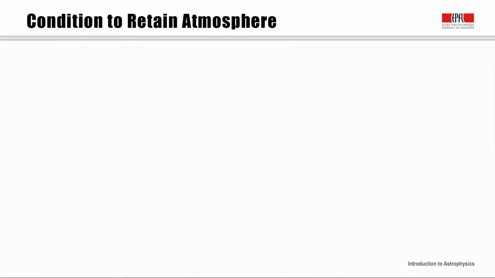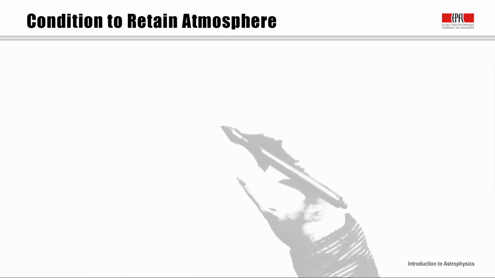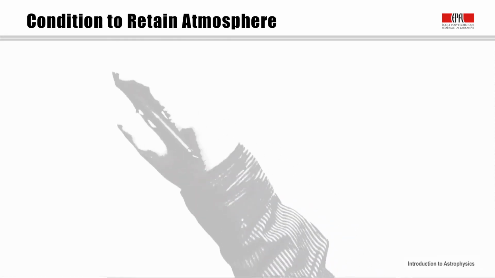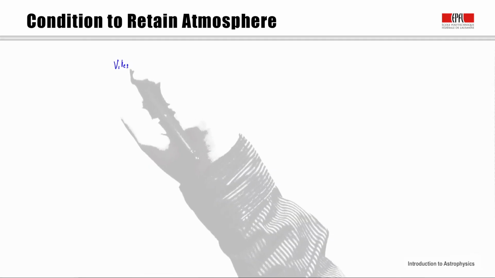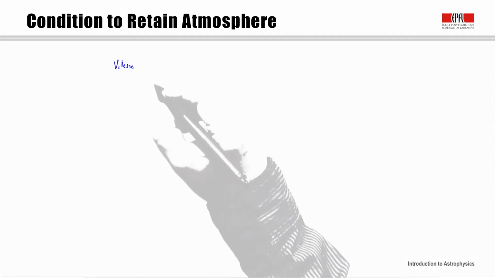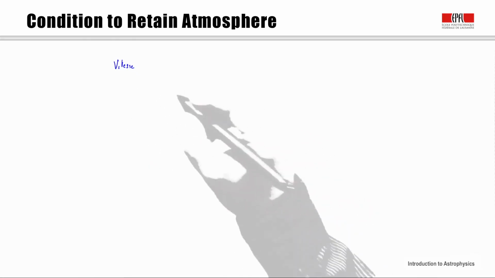Once we have g and H, how can we use this quantity to see, for example, if a planet is able to retain its atmosphere or not? We can consider the escape velocity of a molecule. We can compare the escape velocity of a molecule in the atmosphere with its most probable velocity.